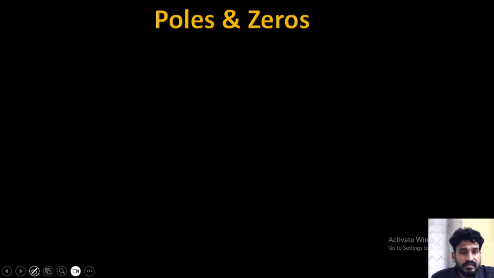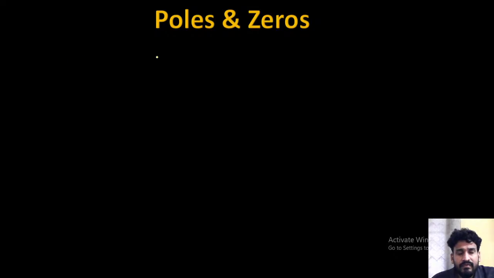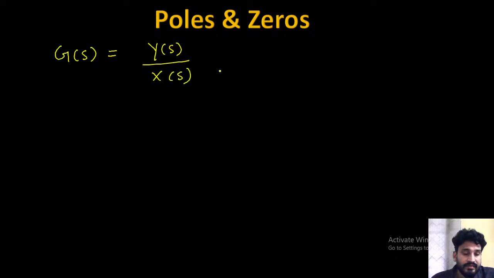Let's understand this again. Let's suppose I have a transfer function, guys, G(s) equal to Y(s) divided by X(s). This is my transfer function. Or any equation, A(s) divided by B(s), whatever it is with any notation. What are the zeros actually?